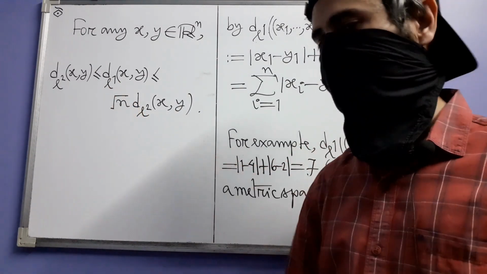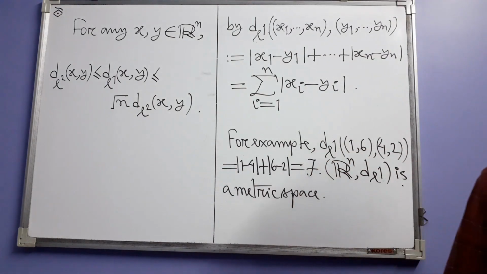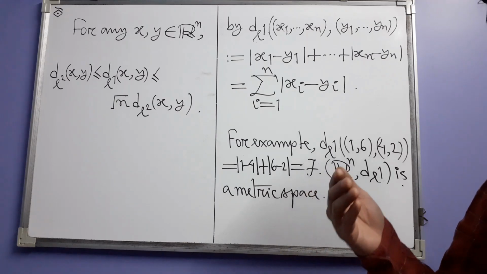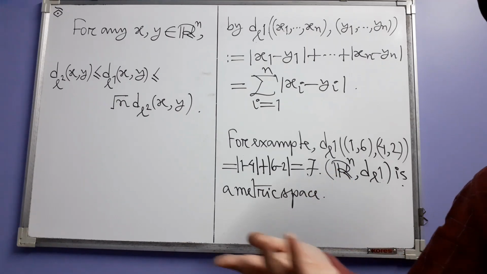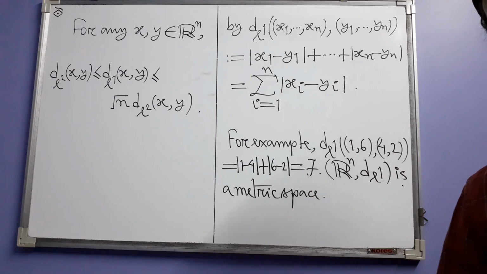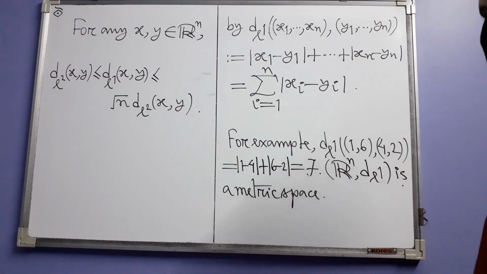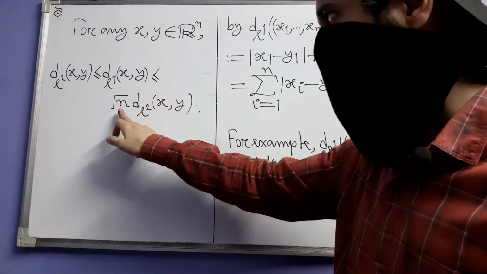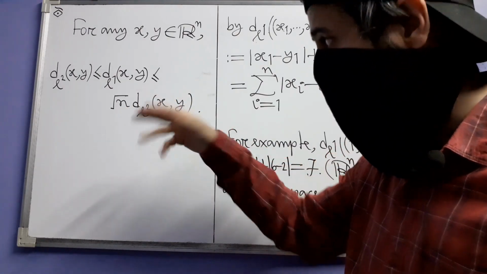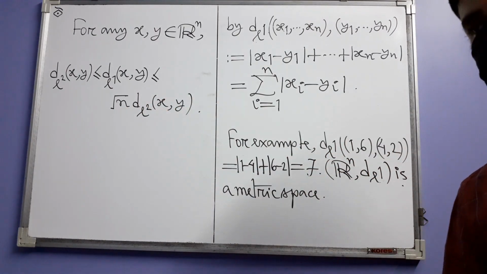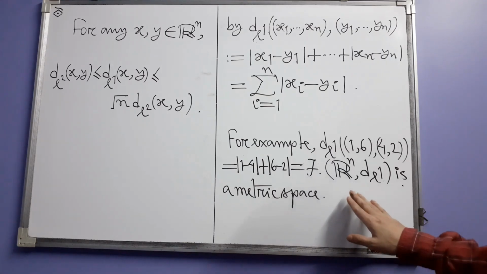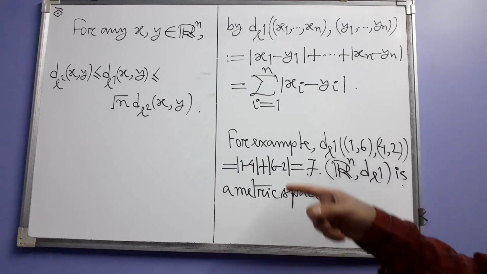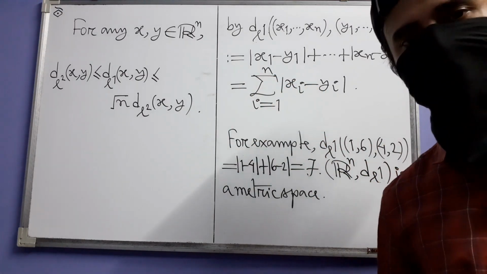The distance that dl1 measures between 2 points in Rn is at least as large as the distance that dl2 measures between those 2 points. And in turn, this dl1 distance is less than or equal to the square root of n times the dl2 distance. In exercise 7, I think we are going to prove that this is a metric space, and in exercise 8 we will prove these inequalities.